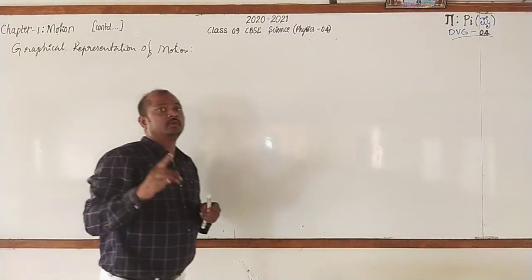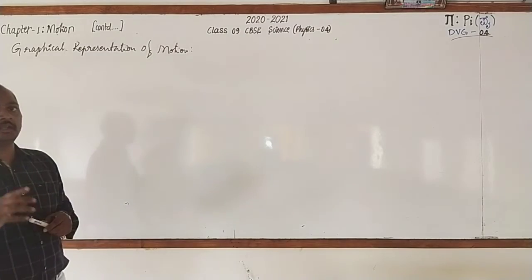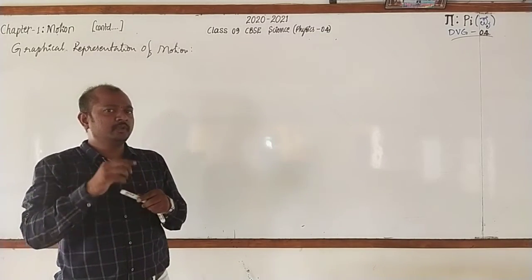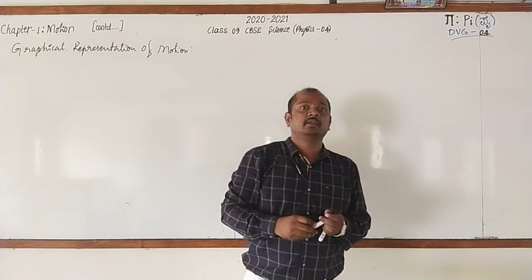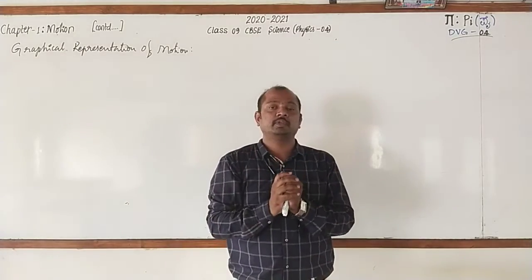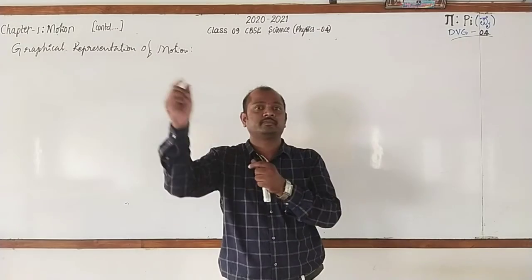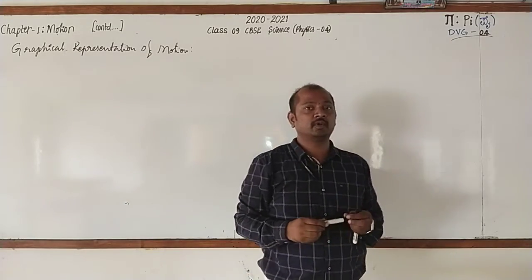One is with respect to velocity, and another one is with respect to acceleration. When you hear the word velocity or speed, immediately distance and time should come into your mind. If it is acceleration, again you have to recall the velocity and time. Got it?